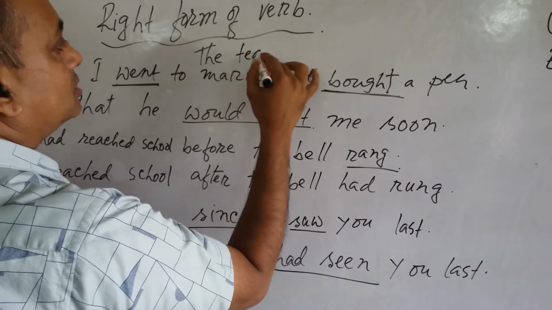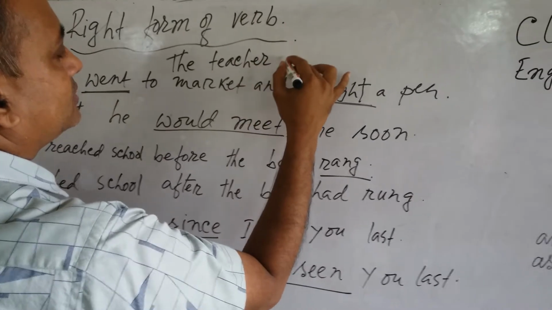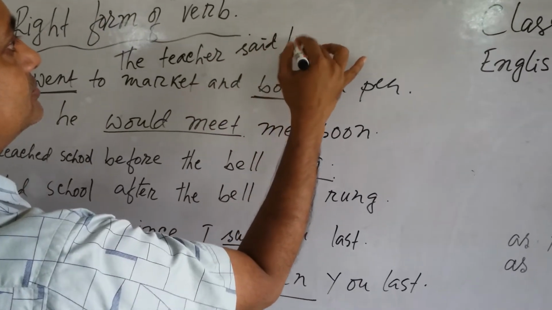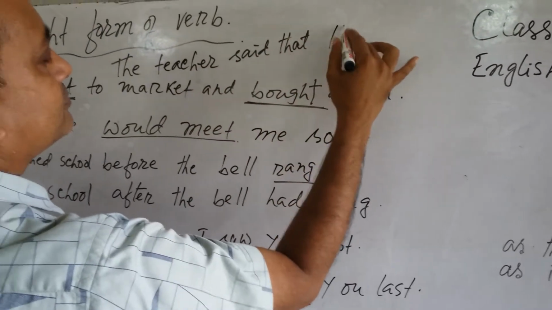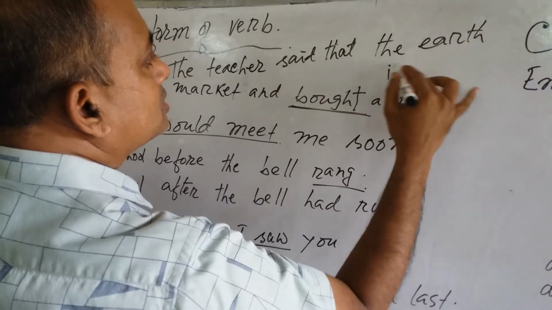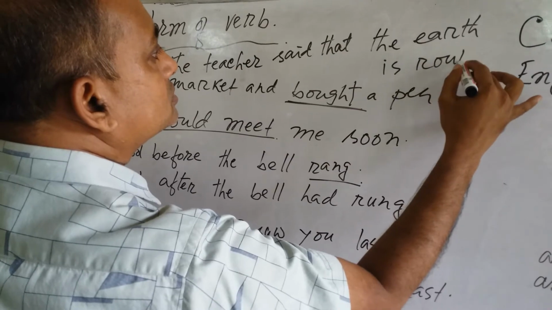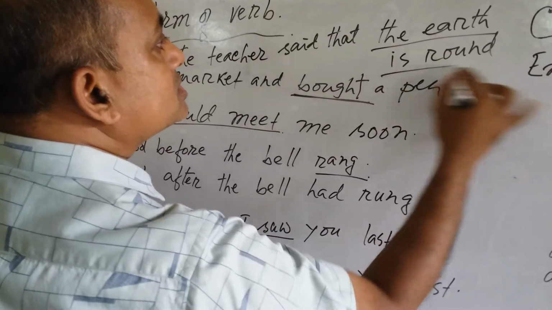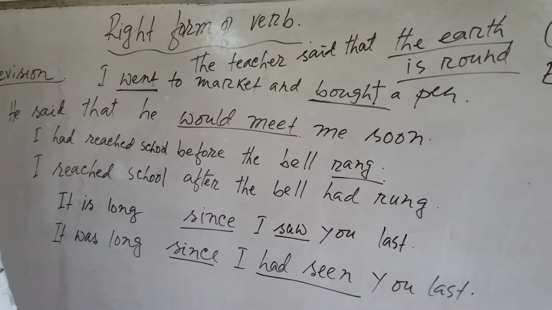The teacher said that the earth is round. As the earth is round, it is a universal truth.